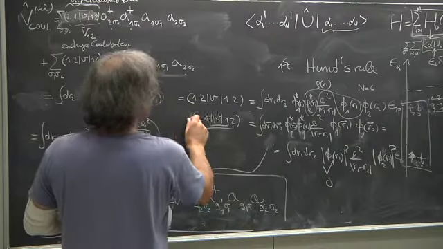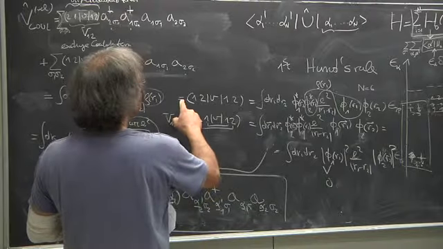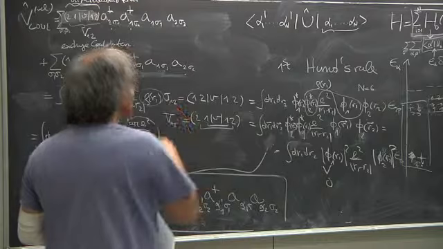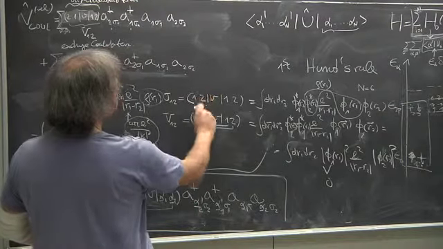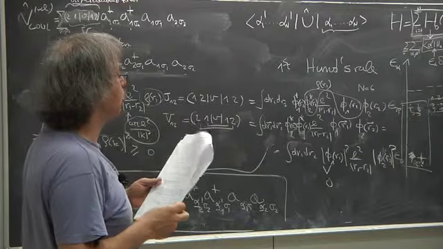Okay, let me just give it a name here, V12. And this object here is called J12, is an exchange Coulomb interaction, okay, where the other two indices have been exchanged, and is called usually J12, okay? So J12 is also real and positive. Okay, good.